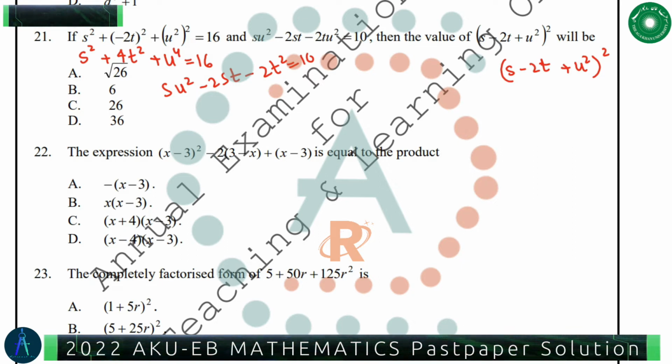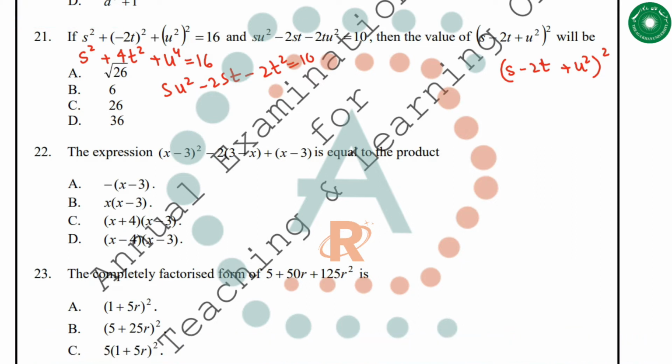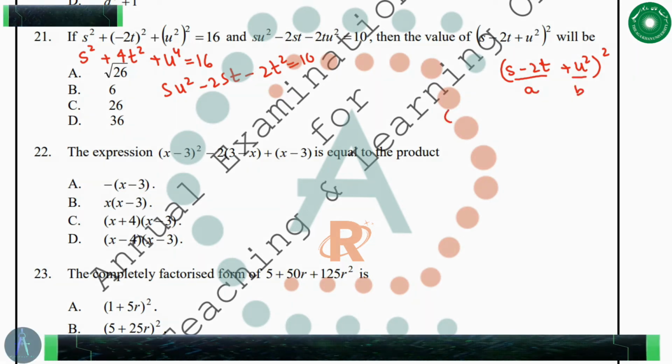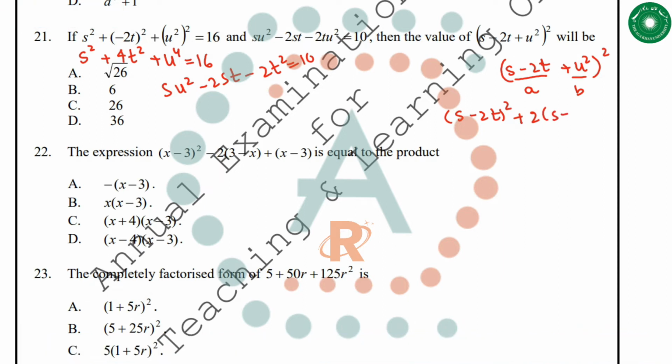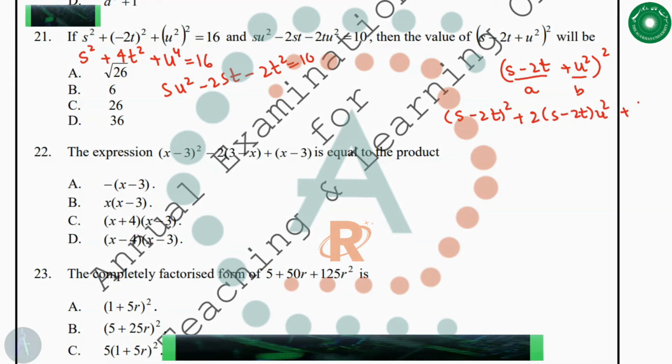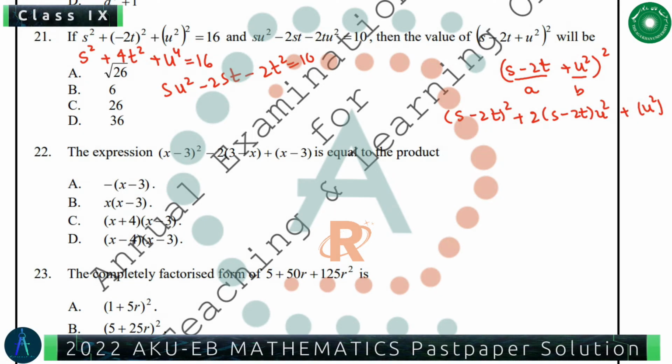So let's expand this with the help of the formula. Let's say this is a and this is b. So this will be equal to (s minus 2t) whole square plus 2ab, that is 2 into (s minus 2t) into u square, plus b square, that is (u square) whole square.